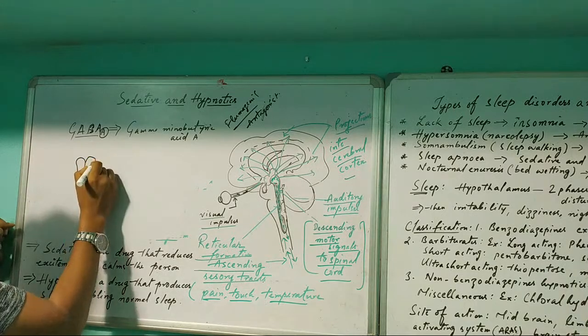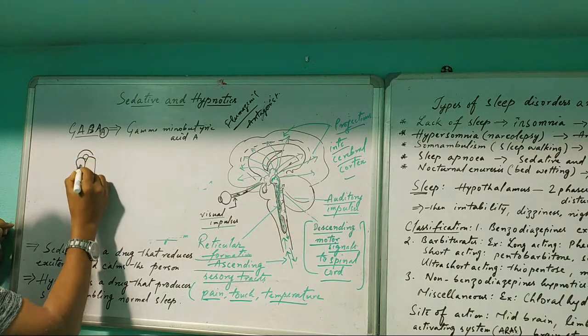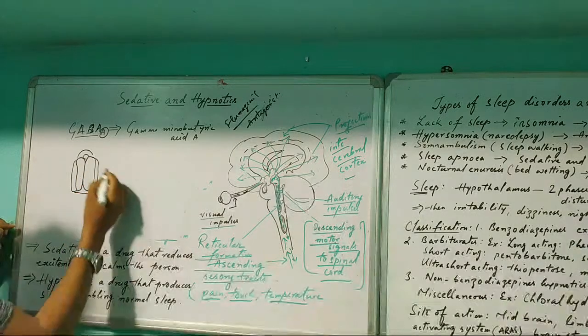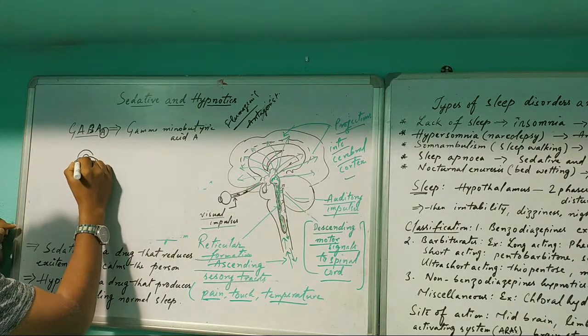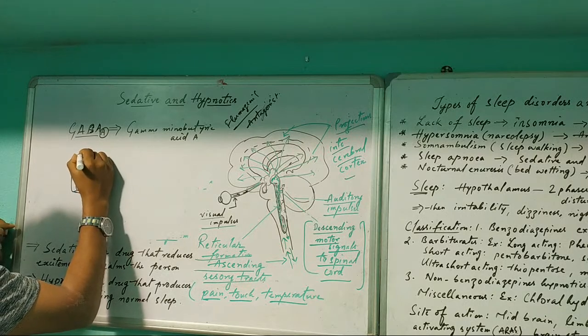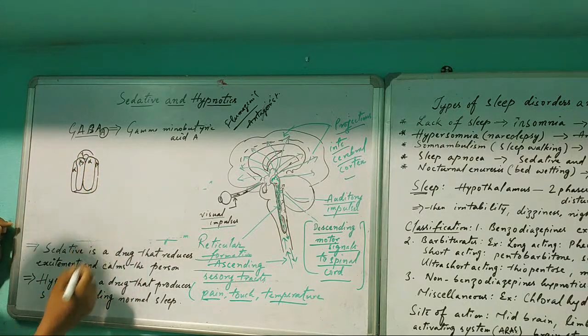So this is the front view I am drawing, and here is the chloride channel. It is totally pentameric. Suppose this one is alpha, this one beta, this one gamma, and again alpha, then beta.